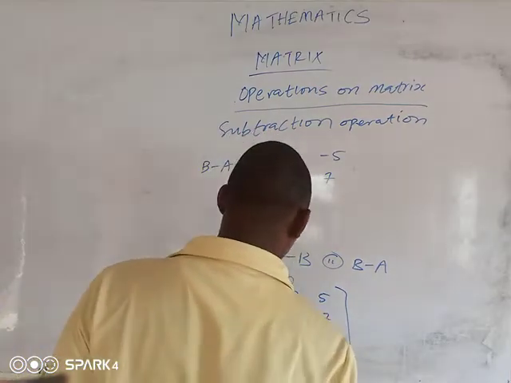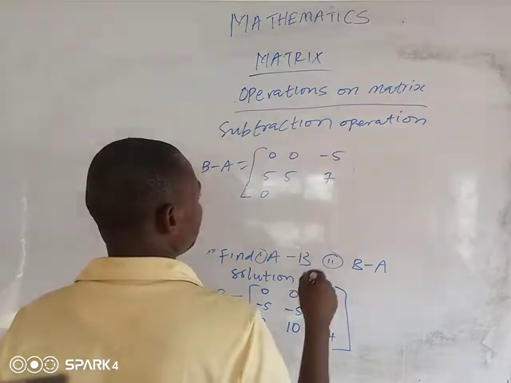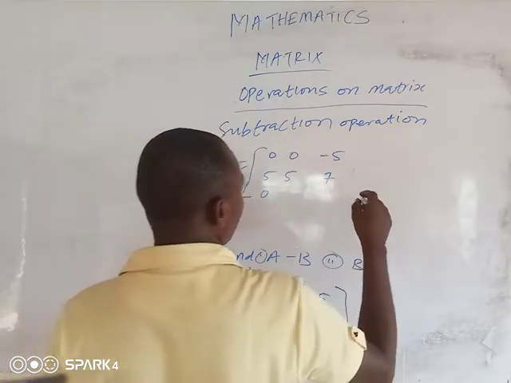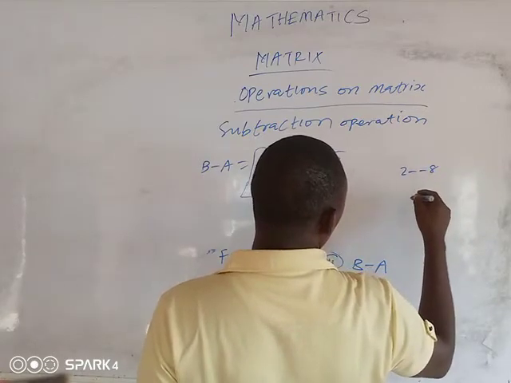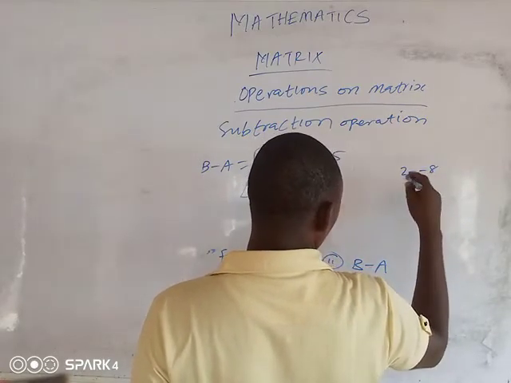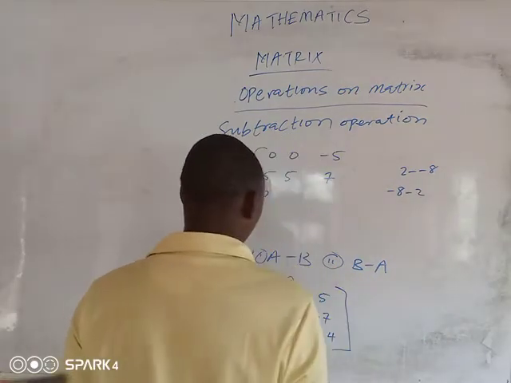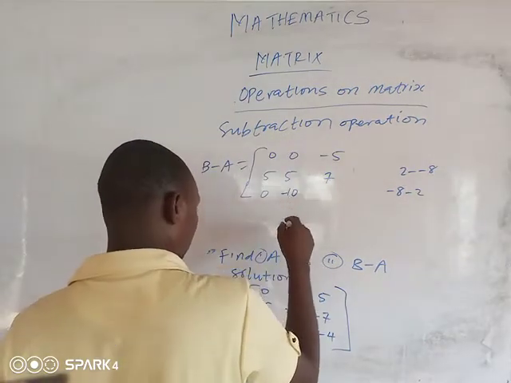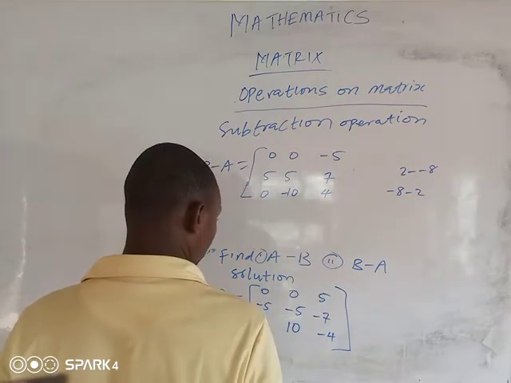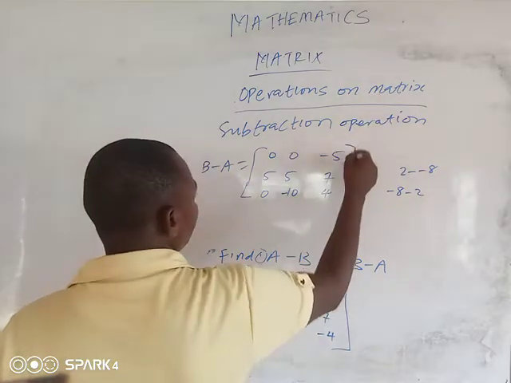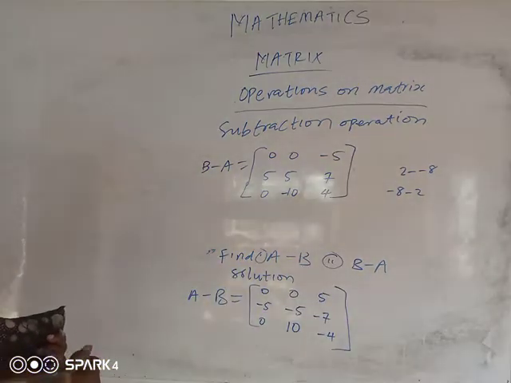I had 2 minus 8 before, so this one will now be 8 minus 2, which is minus 10. Okay. Minus 10. We have 4. So that is B minus A.